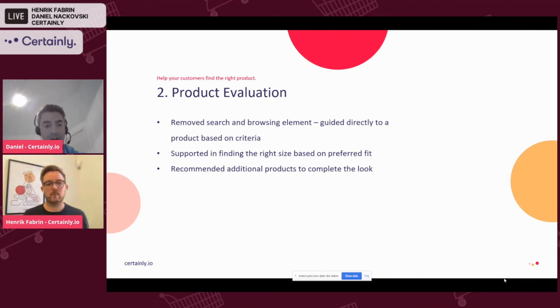It takes me there. And I might have to go through the exercise once or twice if I don't like what I saw the first time, but it just minimizes that exercise. And obviously, then you saw it helped me with sizing. It could have helped me with other things depending on what the product is. And at the end, it helped me get inspired to complete the look with a pair of pants or shirts and so on.